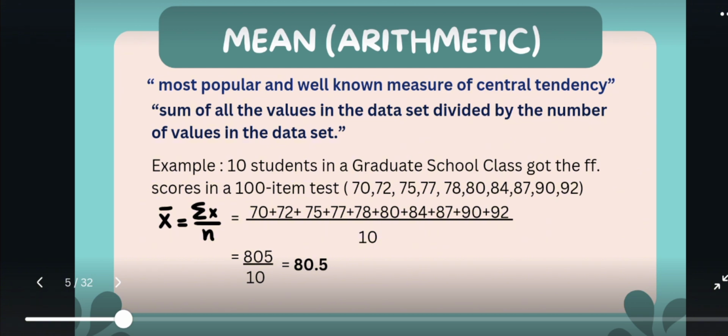So we have 10, right? We divide 805 by 10, and the answer will be 80.5. That is the mean score of the students.